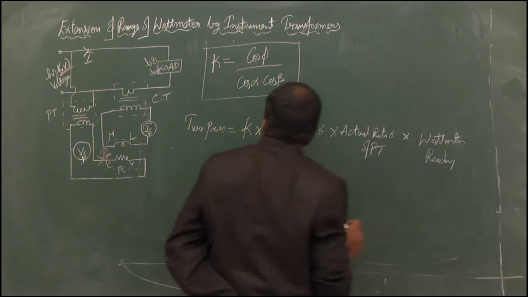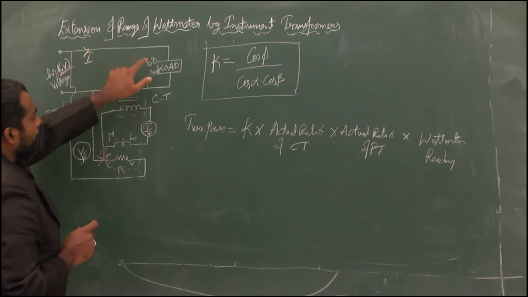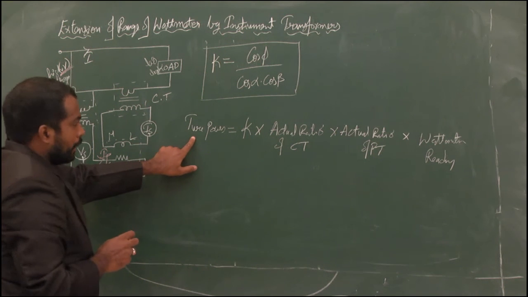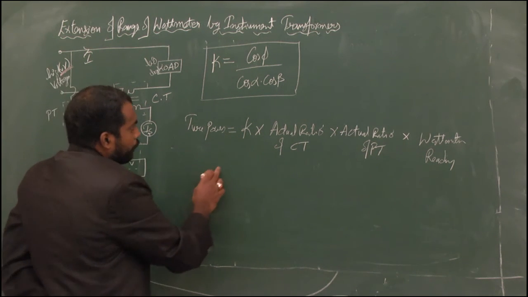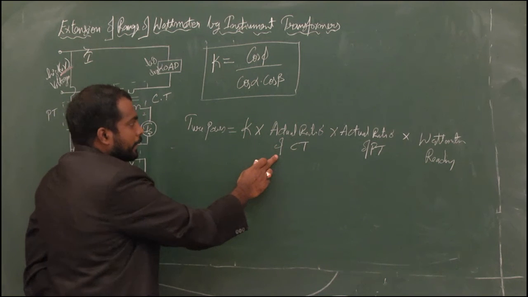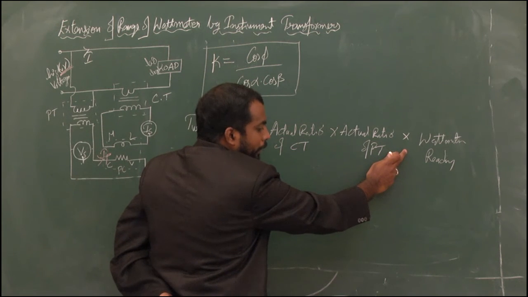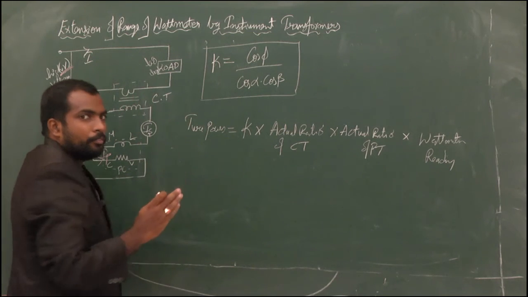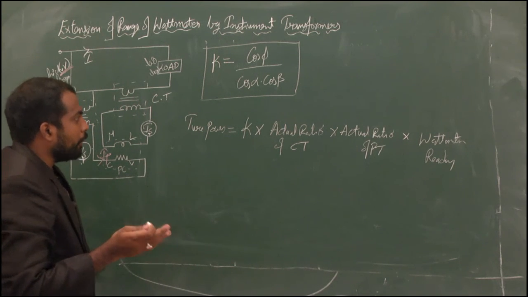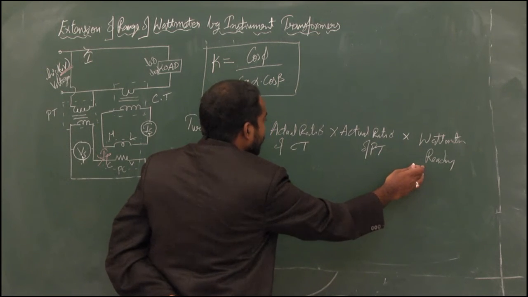That means in order to get the true power value after extending the range of the wattmeter, the true power is the correction factor K into actual ratio of CT into actual ratio of PT into actual wattmeter reading. That means, what is the wattmeter reading in the before case, without doing the extension of the wattmeter, what is the actual reading? This is the actual reading of the wattmeter.